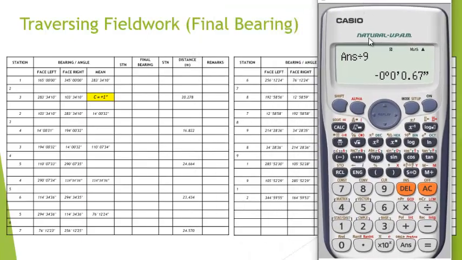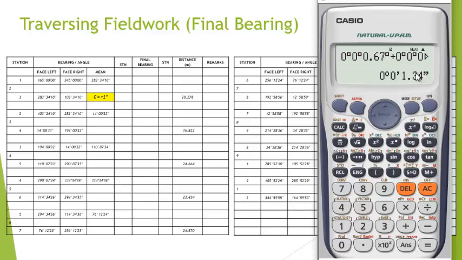Next, with this 0 degrees, 0 minutes and 0.67 seconds, we add it again, 0 degrees, 0 minutes and 0.67 seconds, which results in 1.34 seconds.